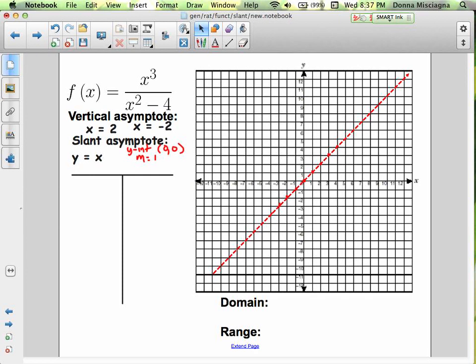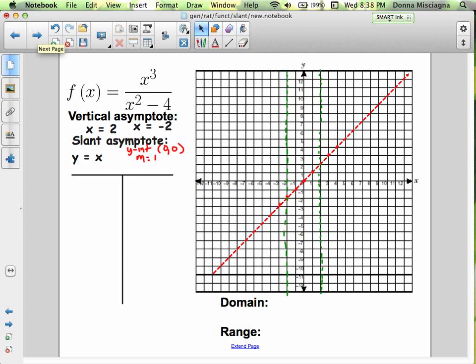Let's graph the vertical asymptote. So we have 2 and negative 2. So our x-intercept is going to go through our slant asymptote.